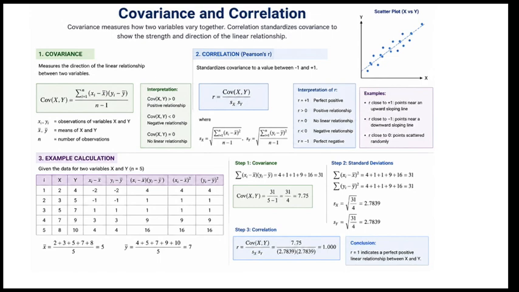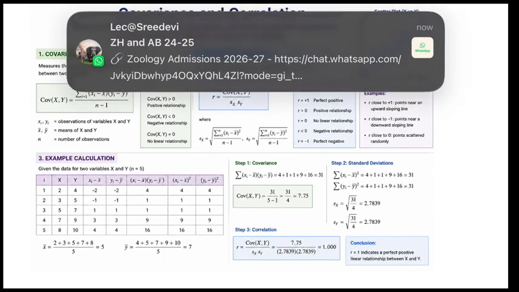When we get minus 1, they are present towards the downward region, and the values are also very close to the line, on the line only.